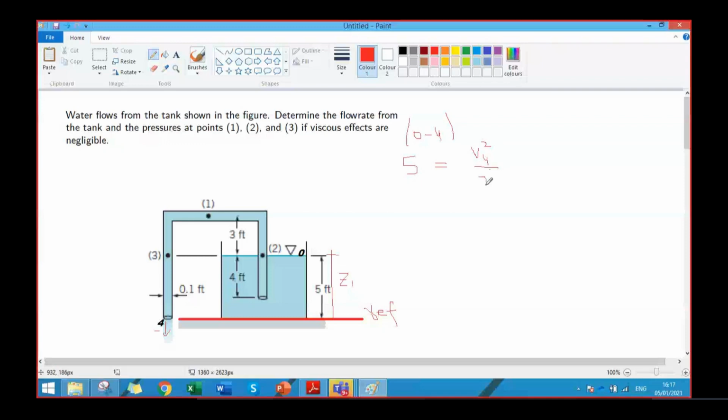So we can just calculate V4 equal to the square root of 10 times gravity. Clear? So the square root of 10 into 32.2 is 17.95 or 17.94 feet per second.